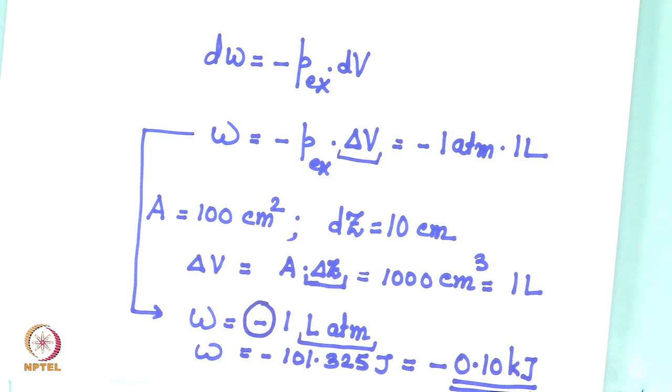Negative sign means, you remember the IUPAC signs and conventions, that something has left the system. Here the negative has to be interpreted in the sense that the work has been done by the gas, work has been done by the system, and this work is done to push back the piston into the surroundings.